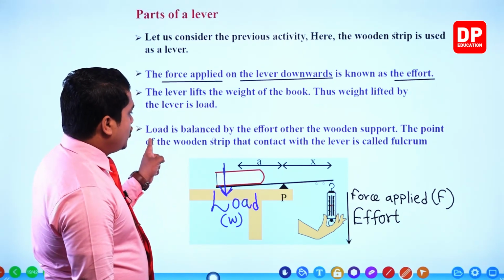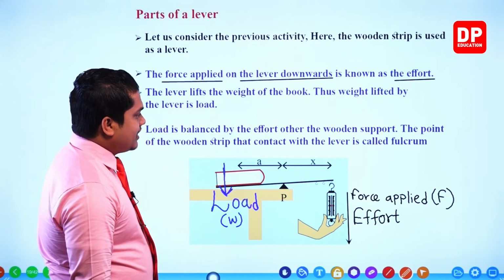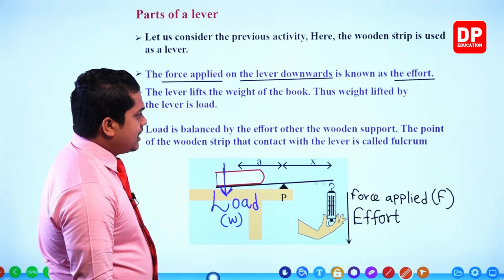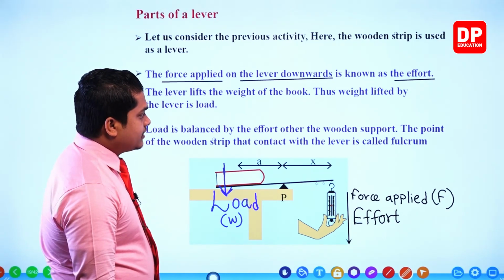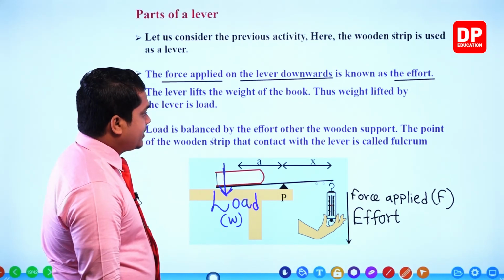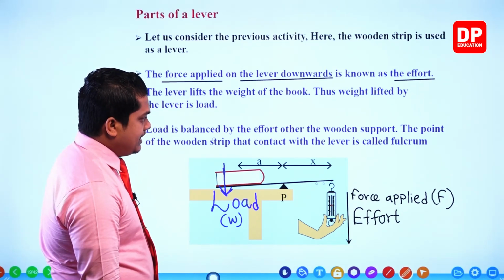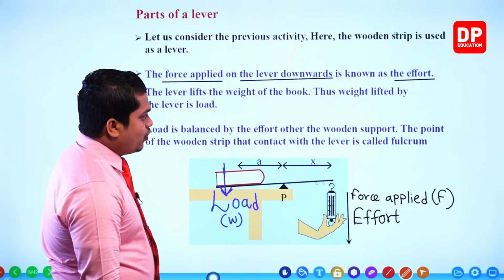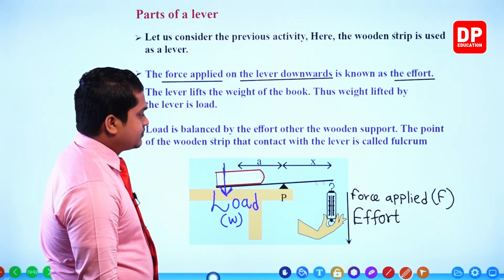Then, the load is balanced by the effort over the wooden support. The point of the wooden strip that contacts the lever is called the fulcrum.